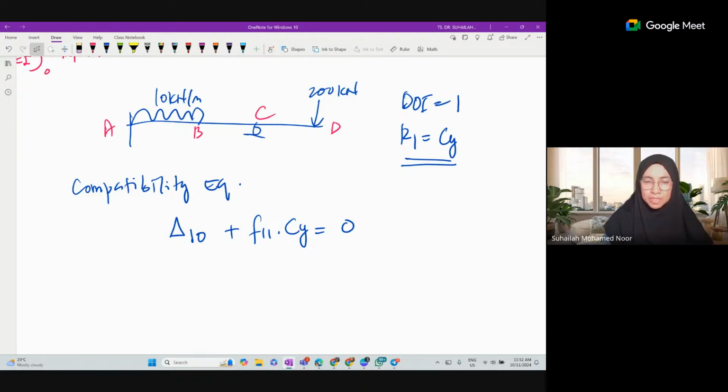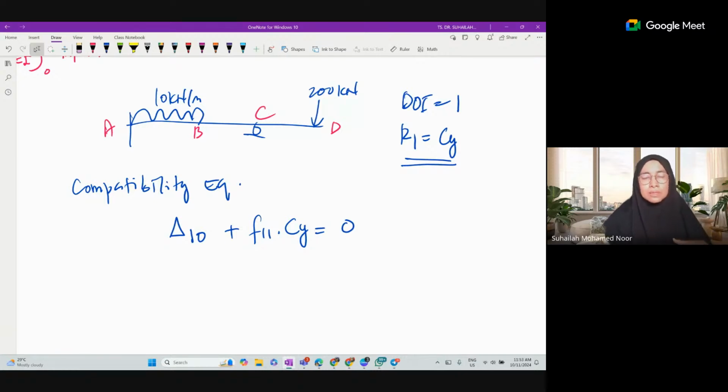For CY, it must be delta, displacement is delta. So delta, the standard form, delta 1 knot is for the primary system, and F11 for the redundant system. So F11 must be multiplied back with the redundant. So F11 times CY is equal to 0 because of the roller. So this is the compatibility equation.